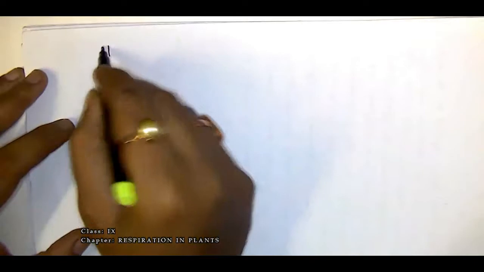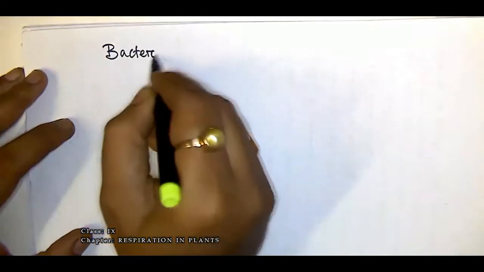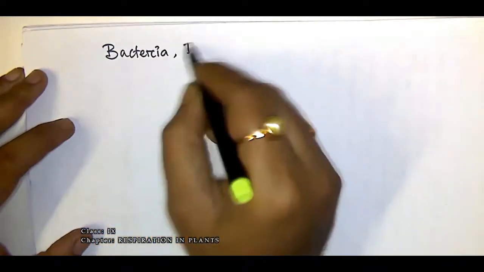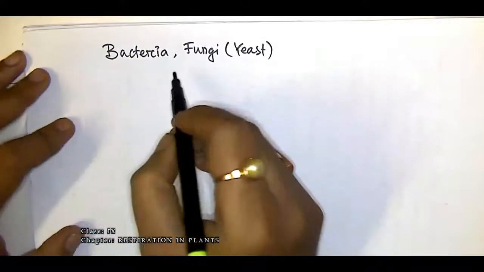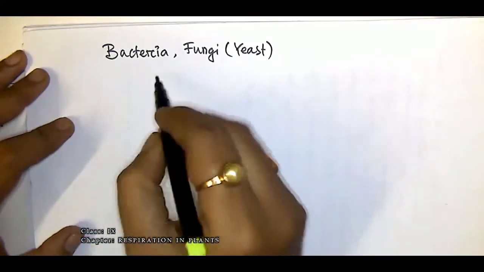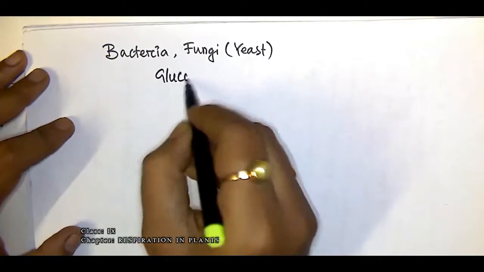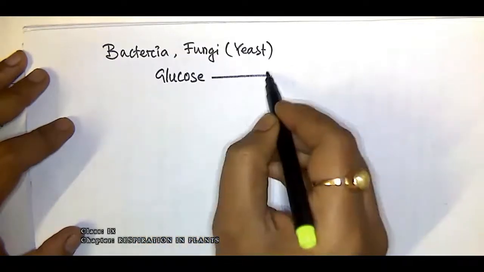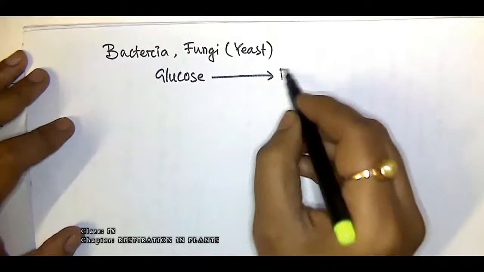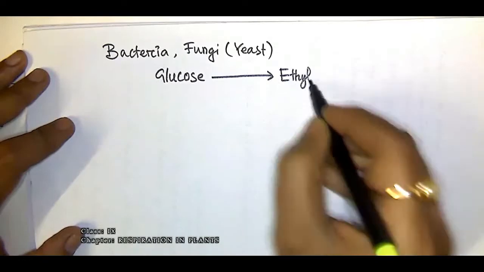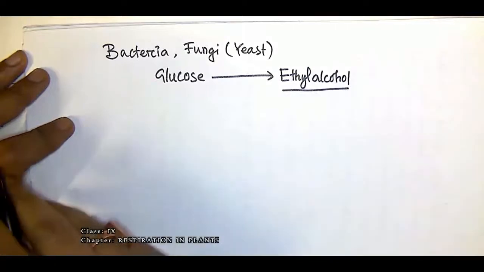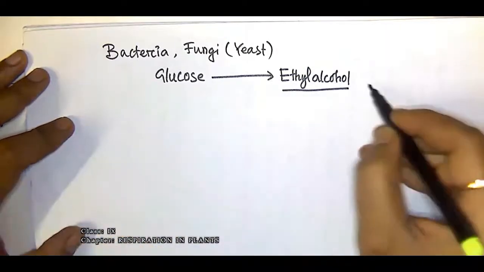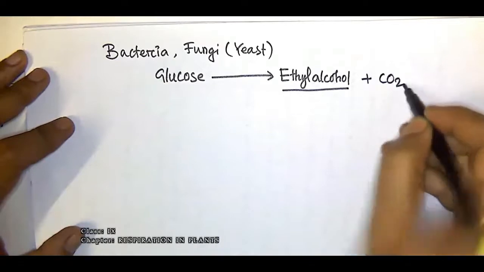Say, for example, we are talking about bacteria, or say, for example, if we are talking about fungi, like we have said, yeast. What they are going to do is very interesting. Glucose, they are going to get it converted into ethyl alcohol. And along with this, they are also going to produce carbon dioxide.